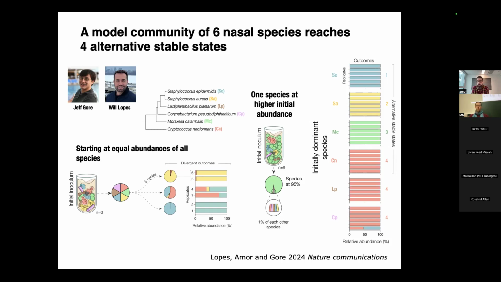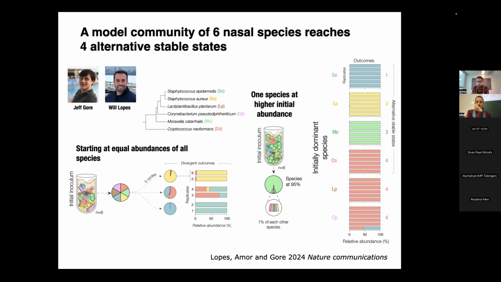So when we start with 95% of the blue species, we have that SE, so this Staphylococcus was taking over the community. But if we started with 95% of the yellow one, then it was this one, Staphylococcus aureus was dominating the system at the end of the experiment.